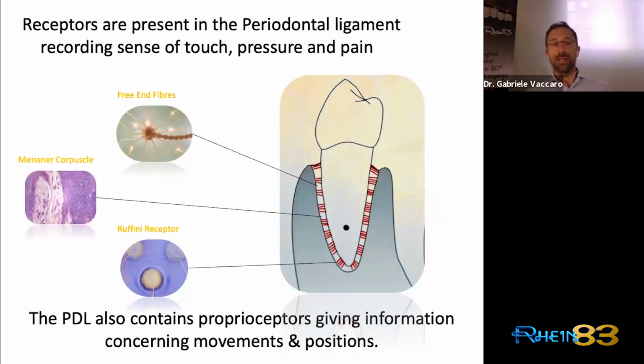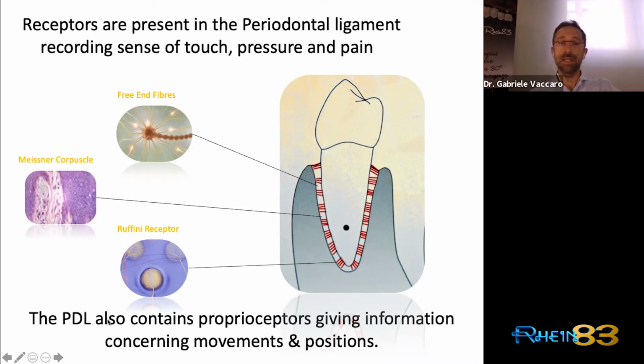We have to keep in mind that the tooth has two vital parts. One is the endodontic part, the nerve or the pulp inside it. And the periodontal ligament is a very important part of the root, because in the periodontal ligament there are receptors, and receptors allow the tooth and the nervous system to record the sense of touch, pressure, and pain.